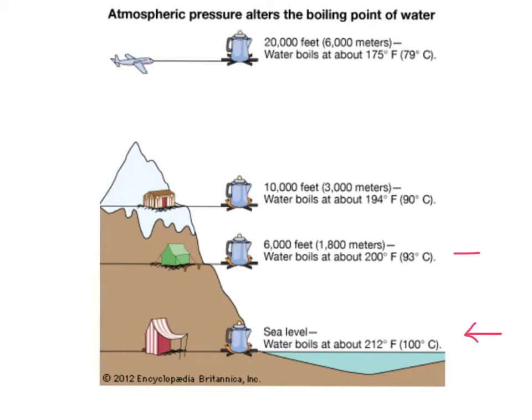When we go up in elevation, water will boil at a lower temperature, 93 degrees Celsius, because there isn't as much pressure. Atmospheric pressure is lower. There's less atmosphere pushing down on that pot of water. Therefore, those water molecules do not need to have as much energy in order to overcome atmospheric pressure. When we travel higher, the boiling point continues to drop. And then up here, it drops even further to 79 degrees C.